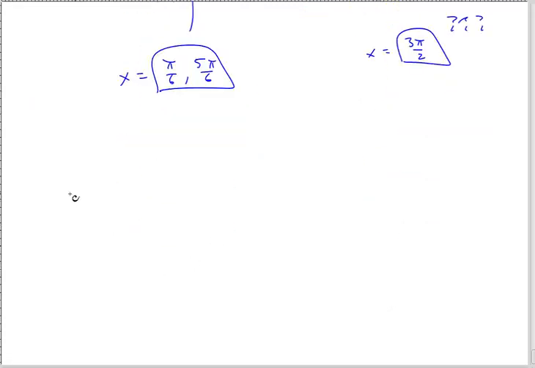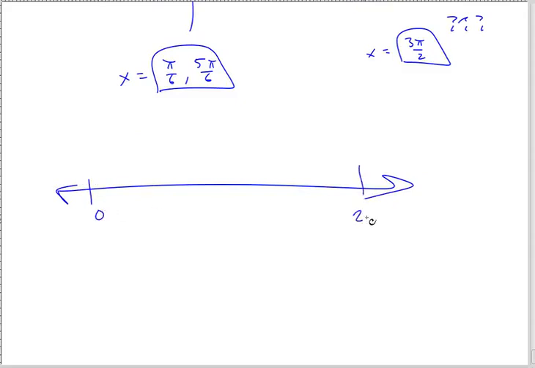I'm going to do a number line. Let's start with 0 and go to 2 pi. Right now, I've got critical values at pi over 2 and 3 pi over 2. So these are critical values right here. And then I have these inflection points at pi over 6 and 5 pi over 6.